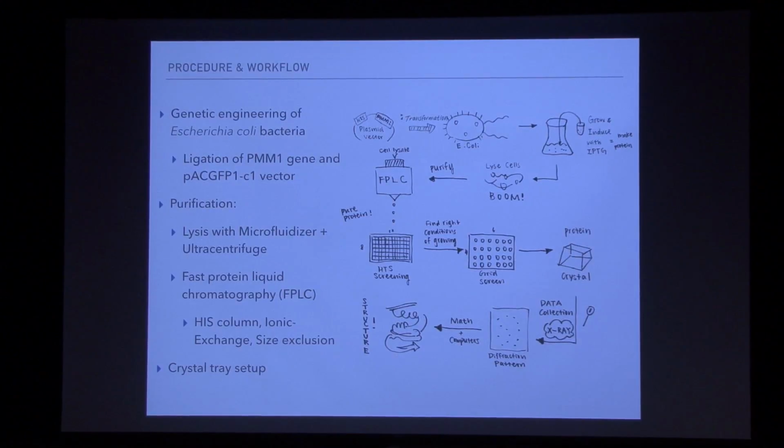So we run the protein liquid through a fast protein liquid chromatography machine, the FPLC machine. It's just like a really strong filter, and we have 3 columns: His column, ion exchange, and size exclusion column. We would have the column attached to the FPLC machine, and these columns target specific traits of PM1 protein.